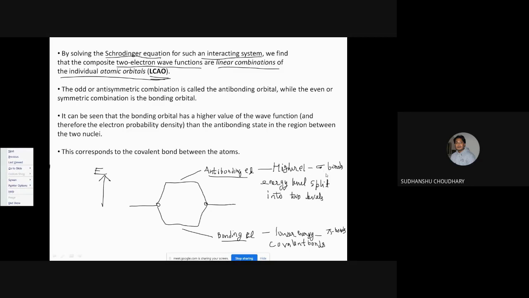So sigma bonds are obviously very strong because the energy level is very high. The bond energy is high, so they are very strong bonds. However, covalent bonds, which are at a lower energy level, are weaker compared to sigma, and that is why they are easy to break.